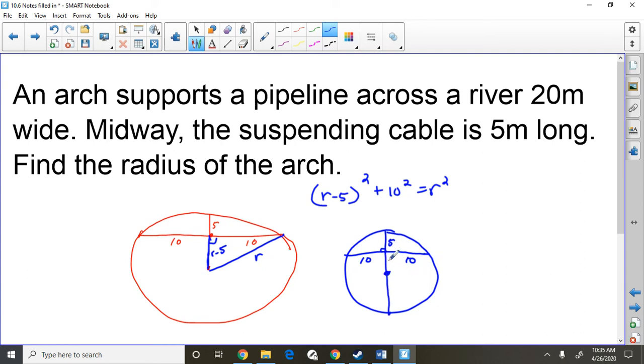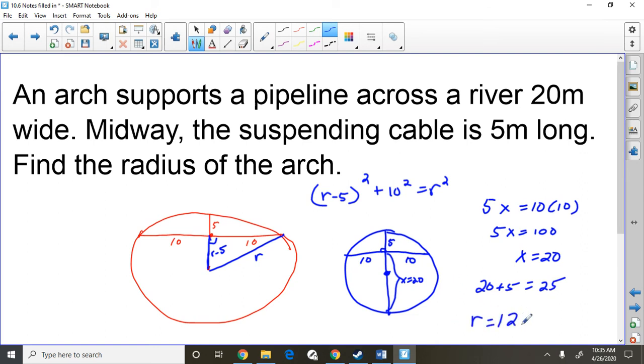So I'm going to use the property from this section to find this whole length. 5 times x equals 10 times 10. 5x is 100, so x is 20. That's this portion of this diameter. So if I add the 5 to it, I get that the diameter has to be 25, which means my radius is half of that, 12.5 meters.